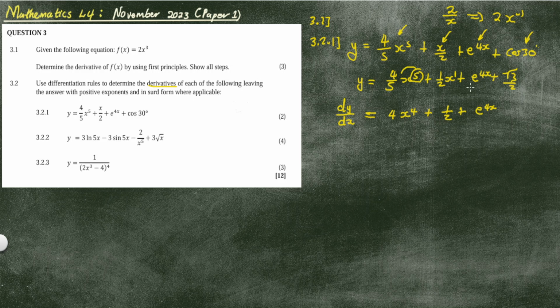Differentiating e raised to an exponent, it doesn't change, but we also apply the chain rule, meaning we also have to take the exponent and differentiate it.